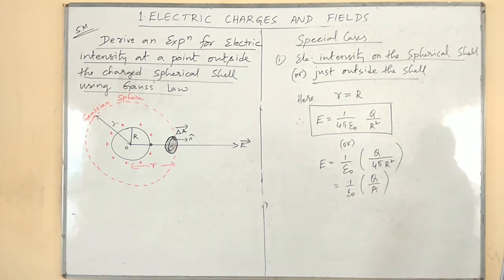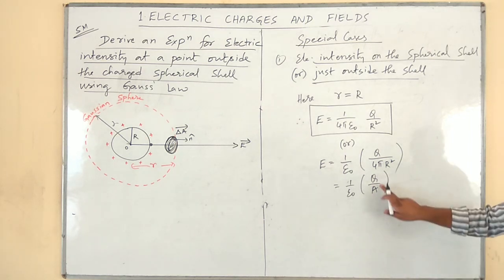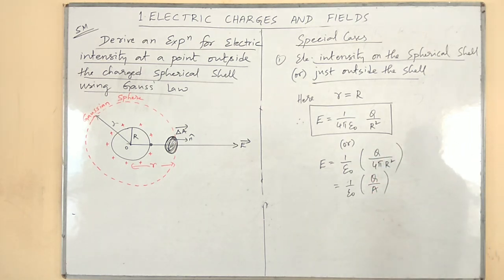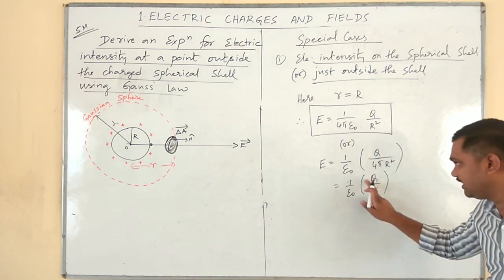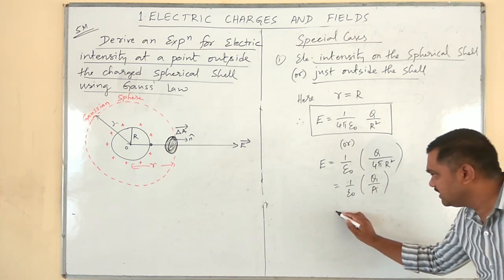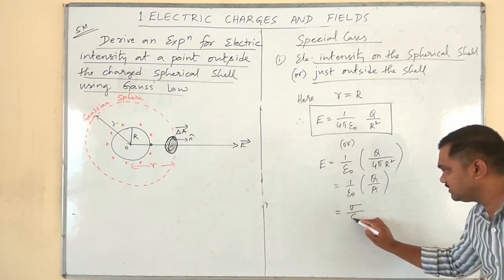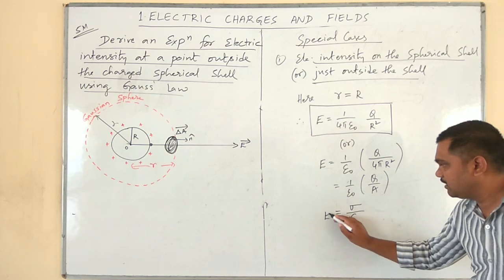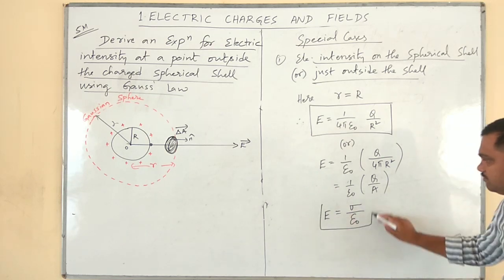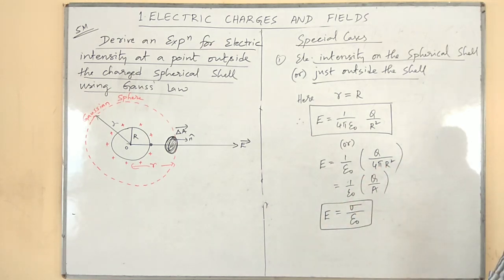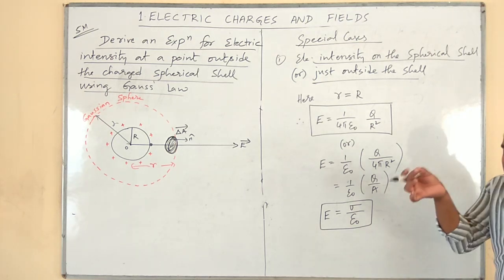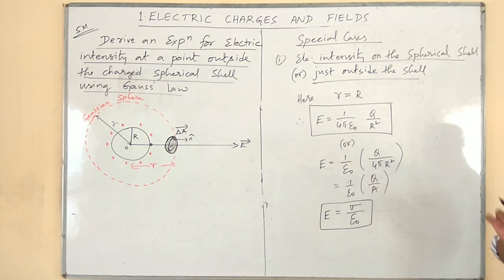In the last class I have explained about it. Charge per unit area of a conductor is called surface charge density. Q divided by A is sigma. Therefore, it is sigma by epsilon naught. This is the expression for electric intensity at a point just outside the spherical shell or on the surface of the spherical shell.